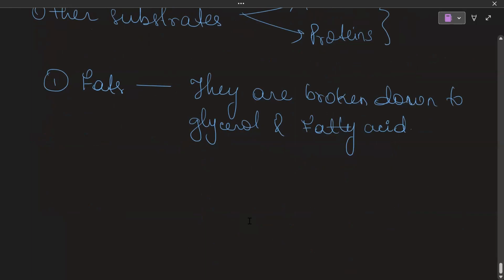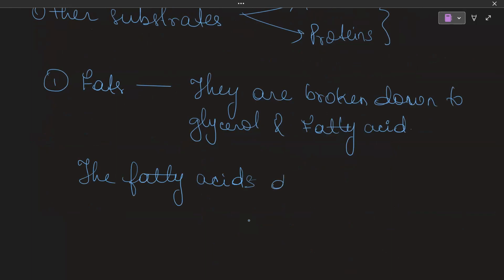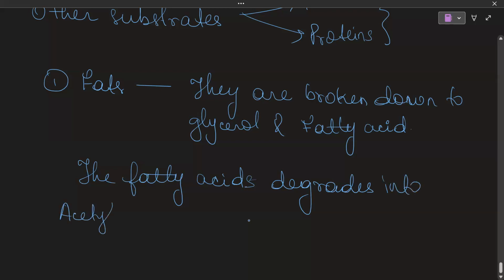Now, the fatty acids are converted into acetyl coenzyme A. So the fatty acids degrade into acetyl coenzyme A. Can acetyl coenzyme A undergo respiration? Yes.